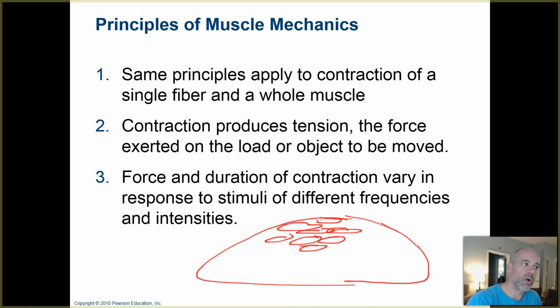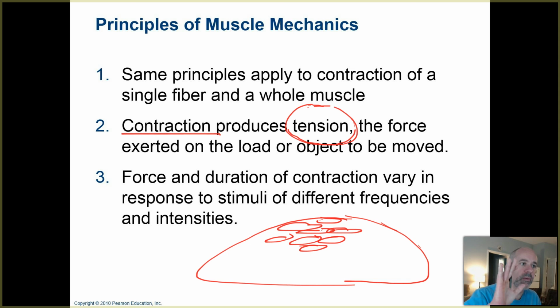All right, so the muscle contractions that take place as those individual muscle cells are contracting because of the cross bridging that's going on in all of their sarcomeres and their myofibrils, as those contractions occur in the individual muscle fibers, that's going to produce tension within the muscle, and the tension is the amount of force that you are exerting on a load or an object that you're trying to move.